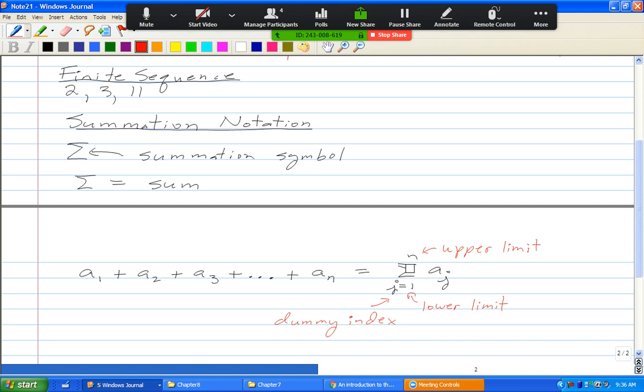So this notation indicates you should add all of these terms starting where you replace your index j by 1, and you keep adding up until you get the last term, which is found by substituting n for j. And so it's just this series here.